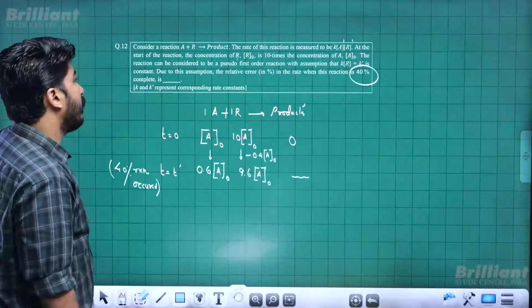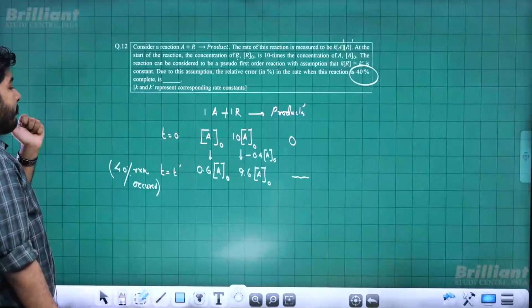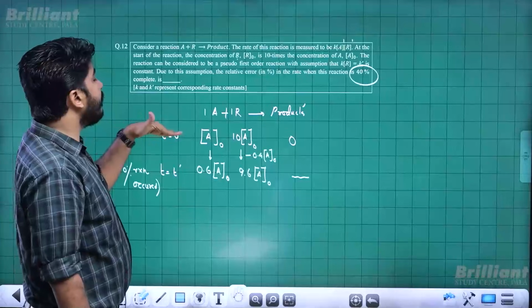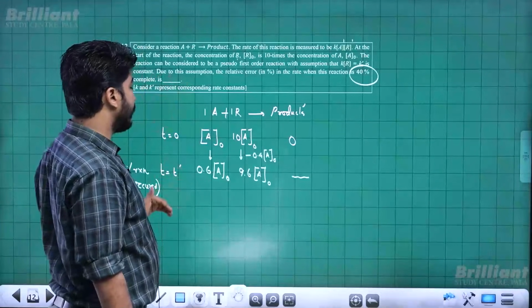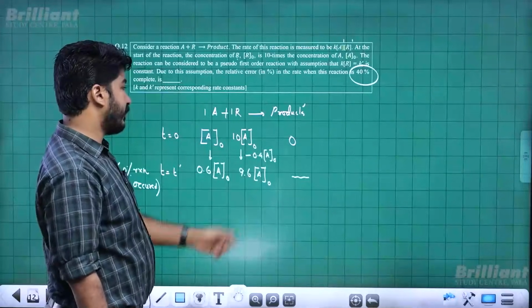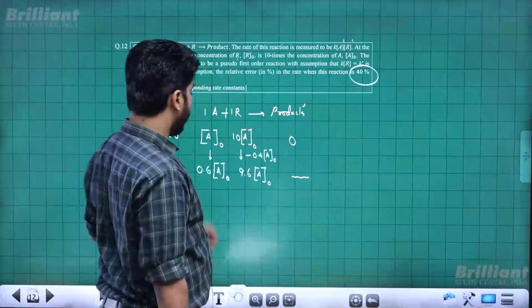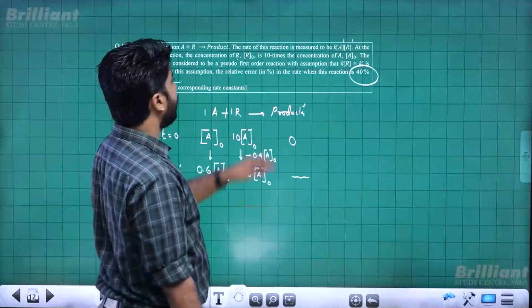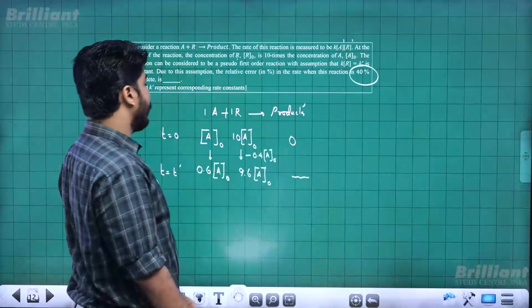So at the initial time, this is the concentration of A and that is the concentration of R. At the final time, this is the concentration of A and that is the concentration of R. So initial rate we know, final rate we know, because the rate law gives the instantaneous rate.